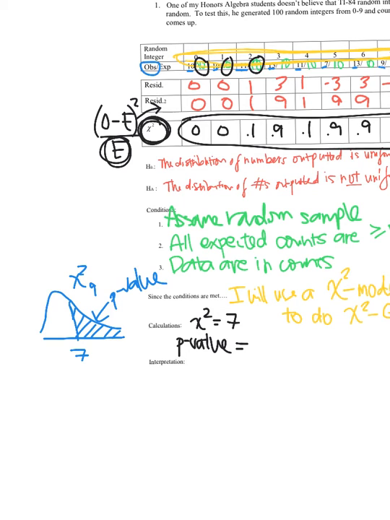So in your calculator, we're going to go second vars, or second distribution is what it says in blue, and the button says vars. And this is where we normally get normal CDF. This is where we also found our binom and geomet. If you scroll to number 8, you see a chi-square CDF.